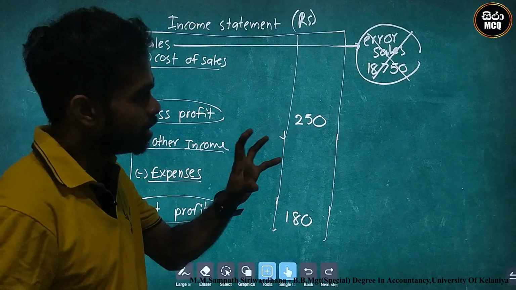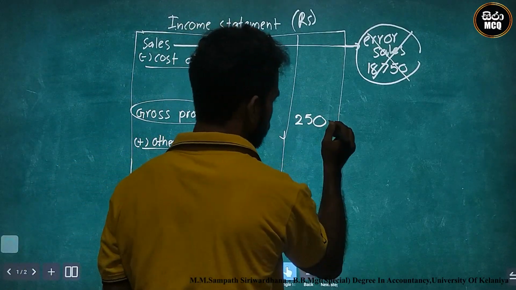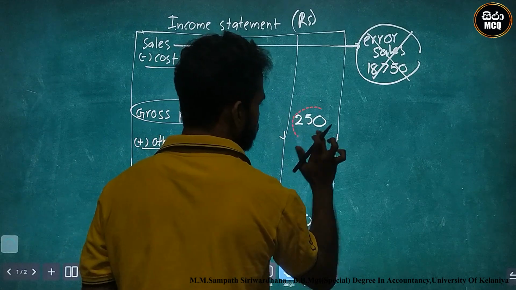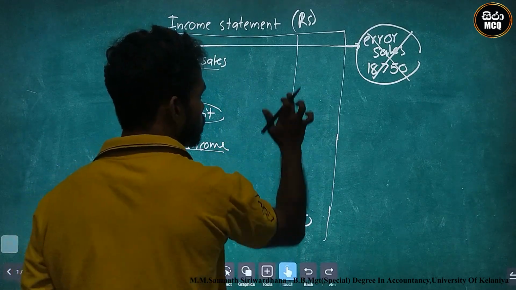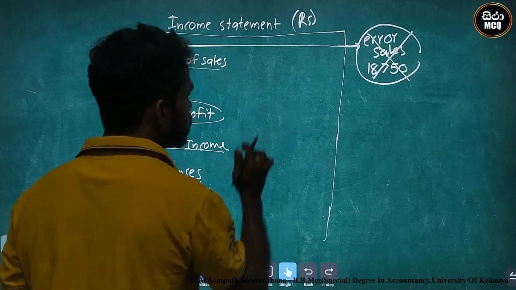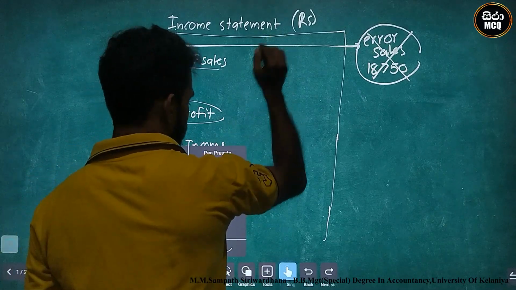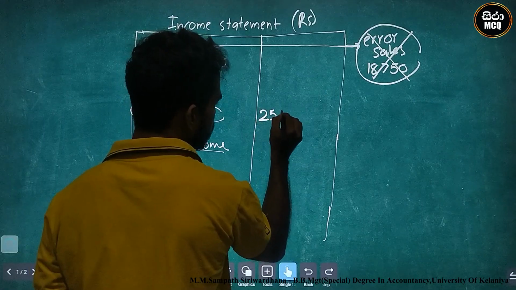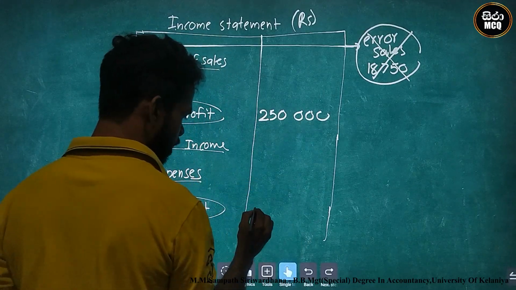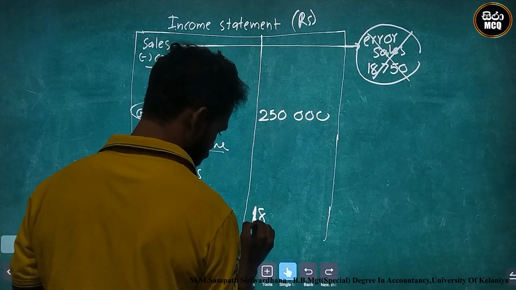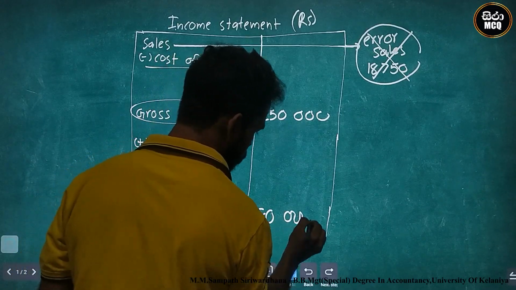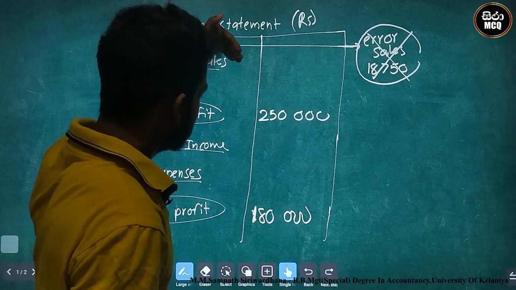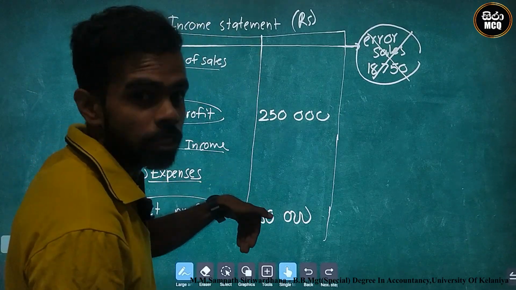This is in normal rupees. We must identify this with the normal values. Gross profit is 250,000 and net profit is 180,000. These are the error values. This is the sales value's impact on gross profit and net profit.